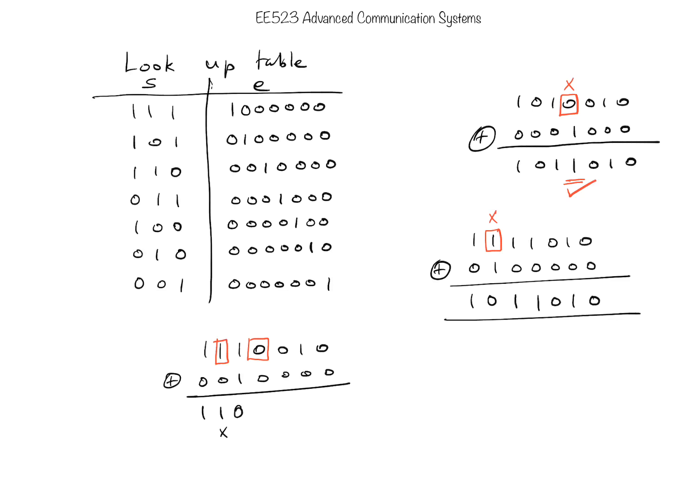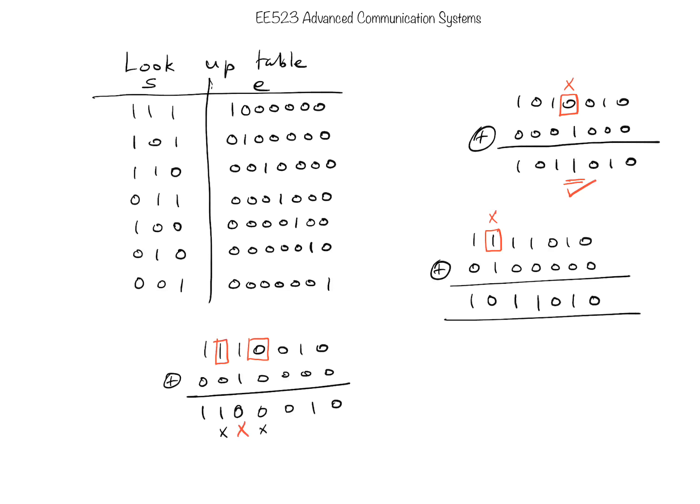So again, that has gone wrong. 0 0 is 0. That still remains wrong. 0 0 is 0, 1 0. So those are okay. Now the errors which were present originally are still there, but in trying to fix those errors, the decoder has now introduced a third error, which is here.